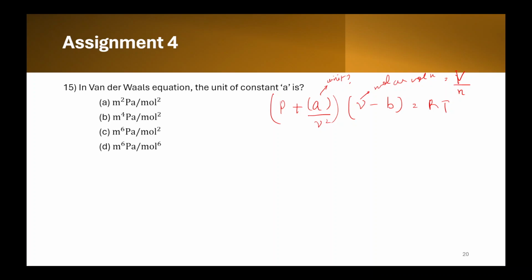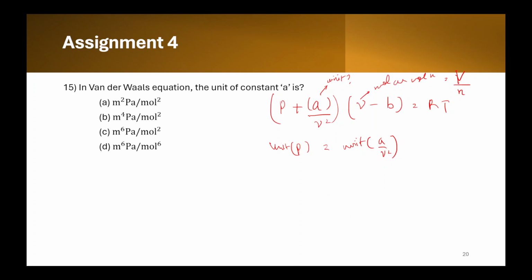If you want to calculate the unit, only quantities with the same unit can be added. So basically, unit of P will be equal to unit of A by V square.